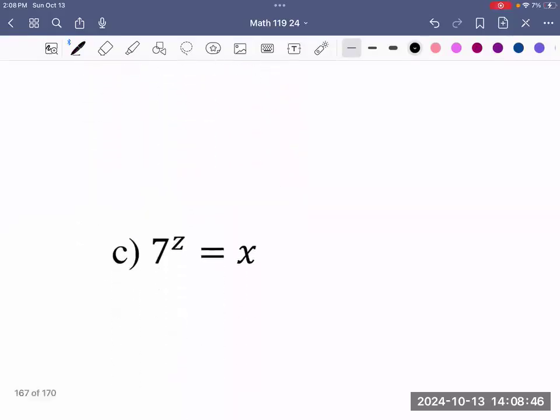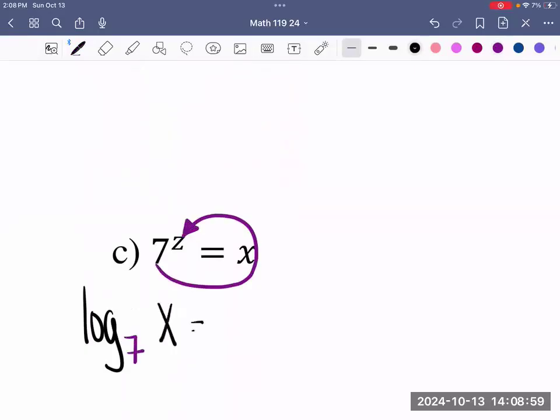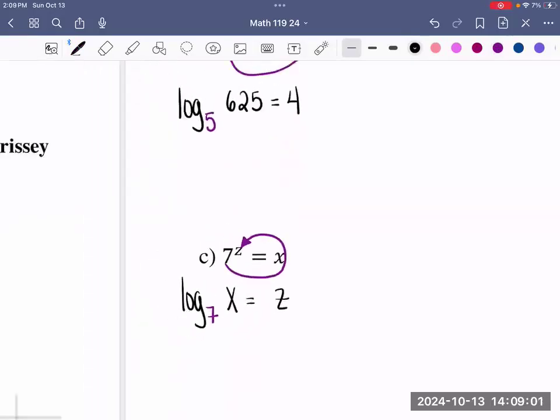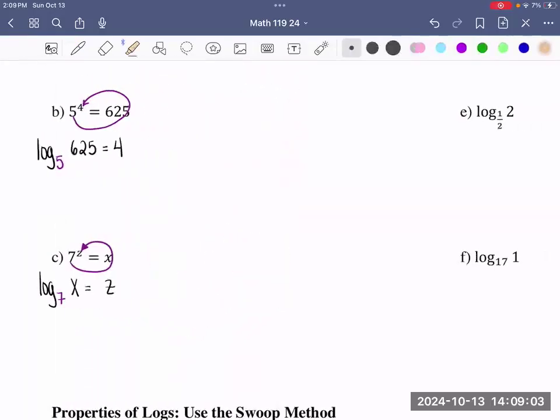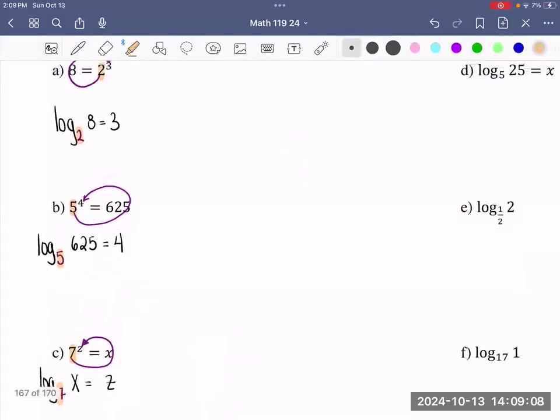One more time. You must write log first. 7 up and around x and land on z. Log base 7 of x is equal to z. And again, you always want to make sure that your bases are all equivalent.